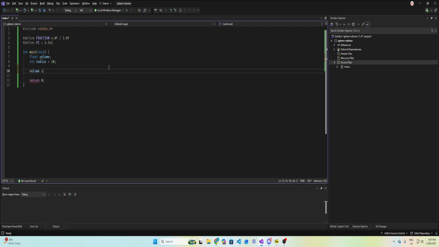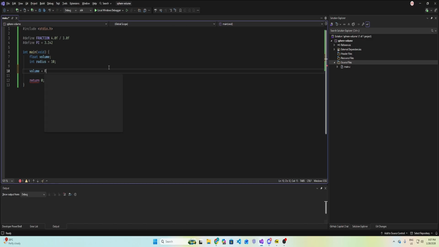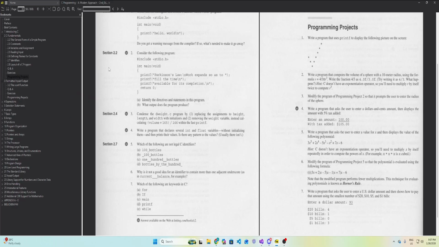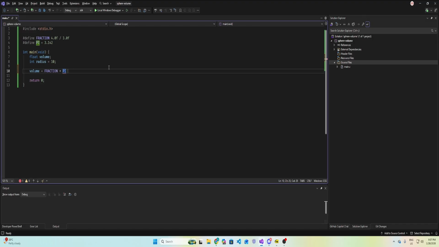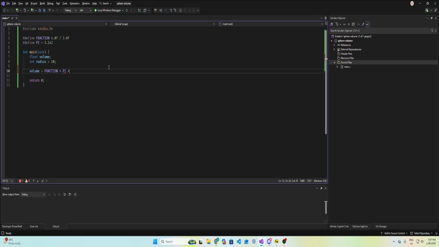And we say volume is equal to the fraction times pi, and then the radius times radius, 3 times.